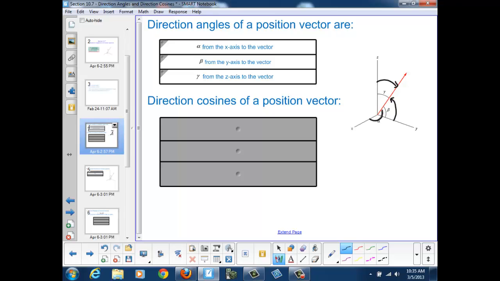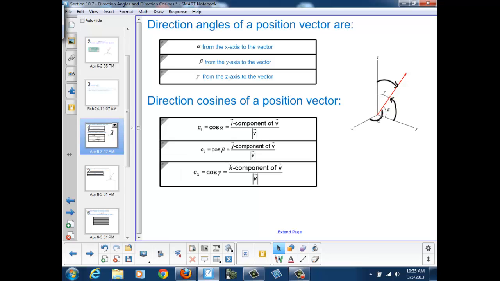Now, for each of those angles, we're going to work with one of their properties, the cosine. We'll define C1 as the cosine of alpha, C2 as the cosine of beta, and C3 as the cosine of gamma. The calculation to determine these direction cosines is simply taking the appropriate component of our given vector and dividing by the magnitude.